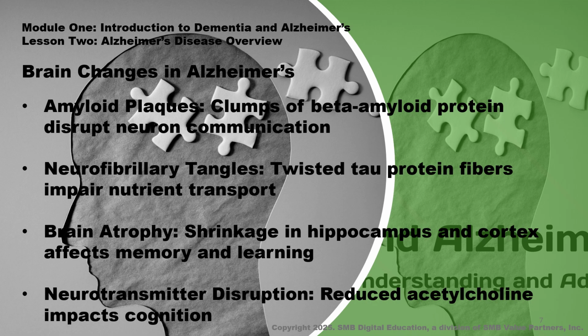Over time, the brain shrinks, particularly in the hippocampus and cortex, which are critical for memory and learning. Additionally, levels of acetylcholine, a neurotransmitter vital for cognition, drop significantly. These changes drive the symptoms we observe and are key targets for research and treatment development. Next, we'll discuss risk factors for Alzheimer's.